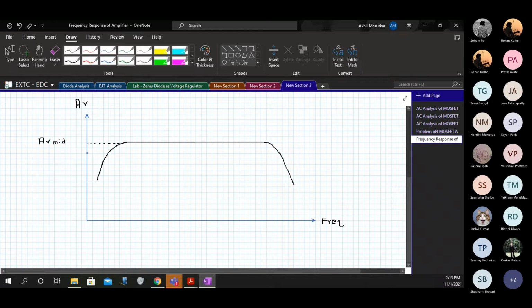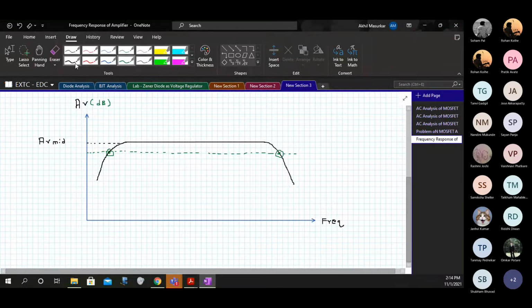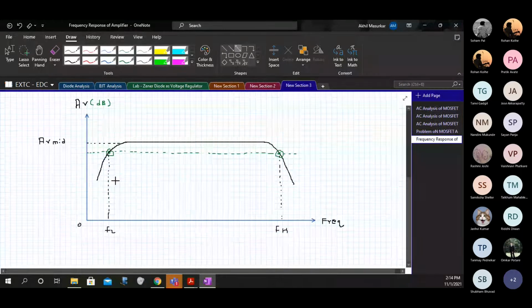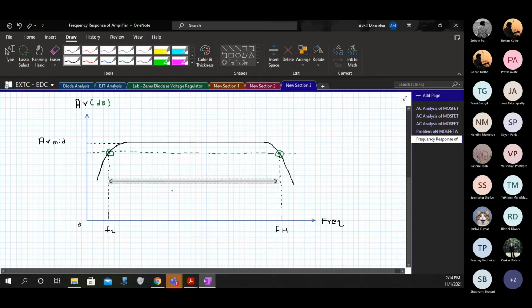Now if I draw a line 3 dBs below this, for that this gain has to be in dBs, it will intersect this black line at 2 spots, and if I pull this down on the X and Y axis, this gives me FL, the lower cutoff frequency, and FH, the higher cutoff frequency, and the frequency difference between them is called bandwidth.